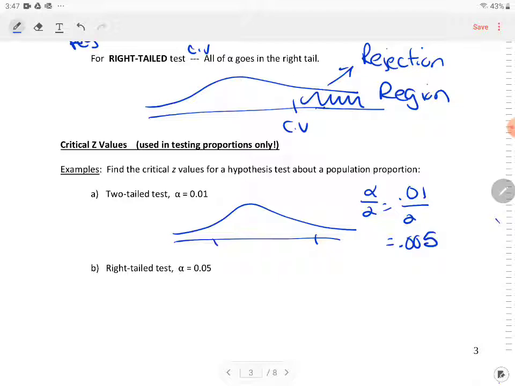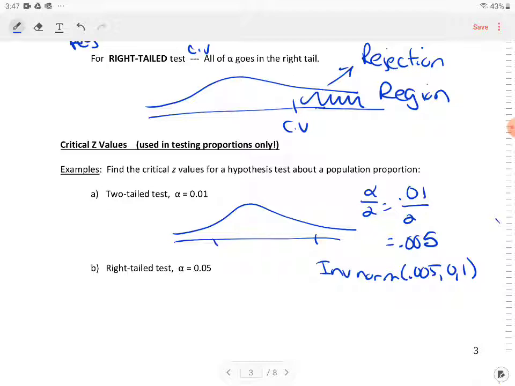So we're going to do an inverse norm of 0.005, 0, and 1. And because we're using the standard normal curve, once we get the one answer, we can get the other answer. So we're going to do second vars, inverse norm, 0.005, 0, and 1. I'm going to do it left tail.